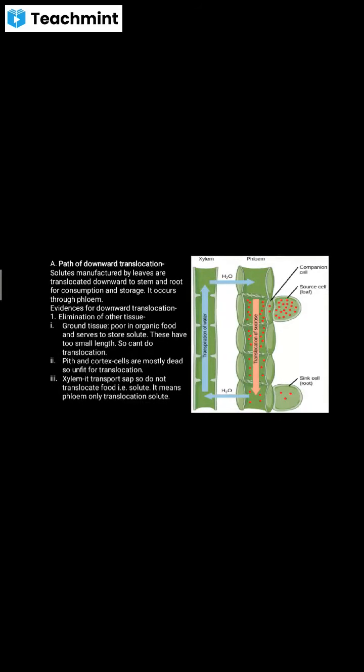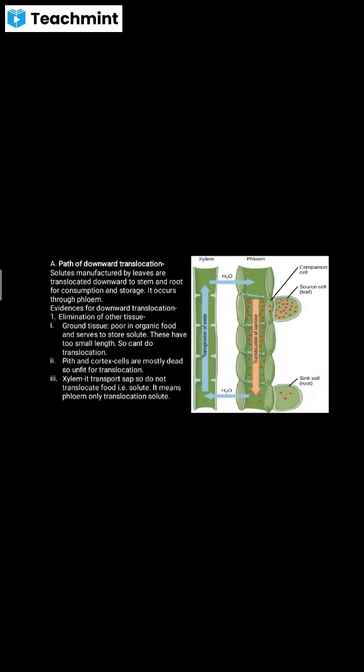Then xylem can transport the sap, that means it can transport only water, so it cannot translocate the food material, that is solute. Solute means food material, and sap means water.